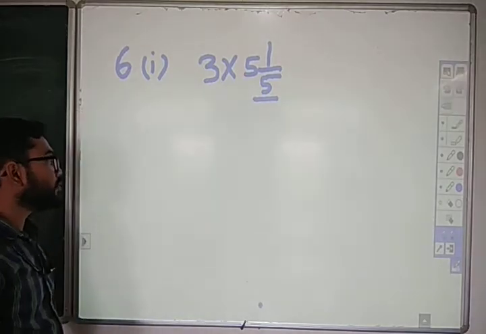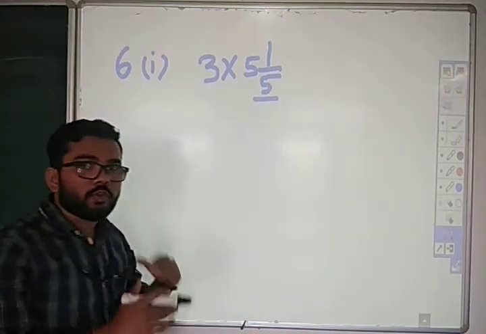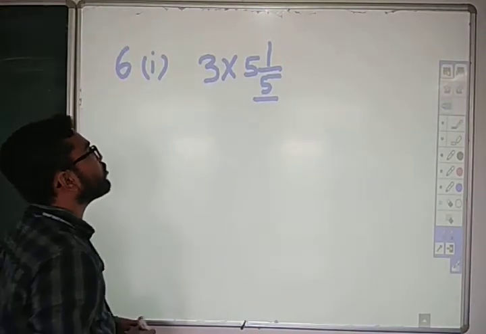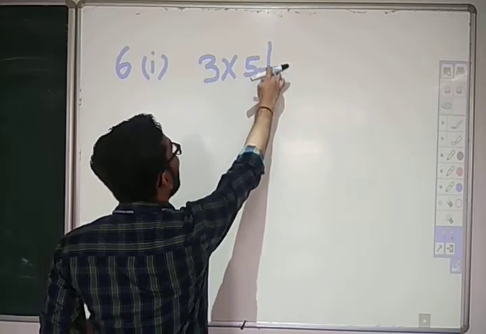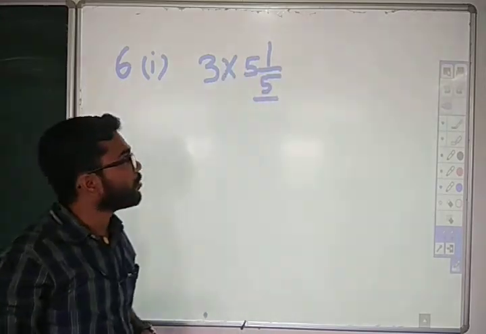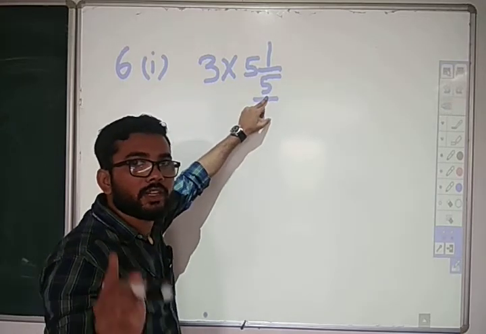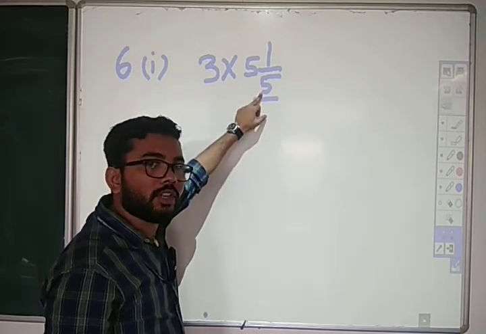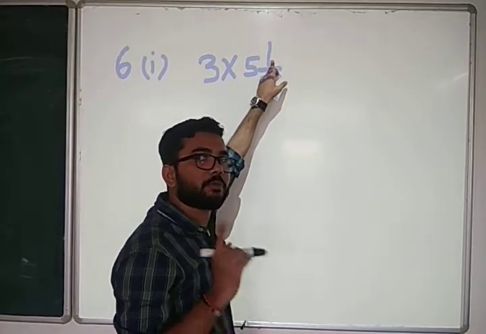As I told you, when you convert this into an improper fraction, you multiply the whole number with the denominator and add the result to the numerator. 5 5s are 25, and that 25 will be added with the numerator, plus 1.